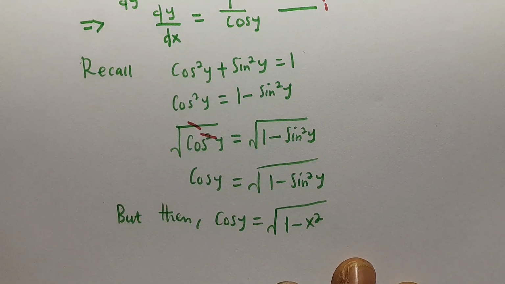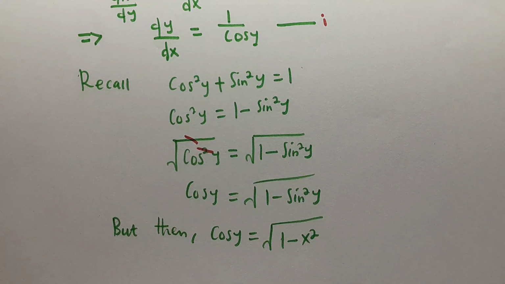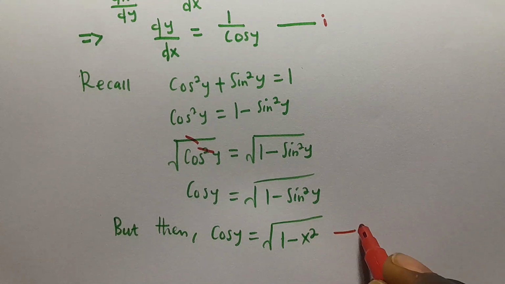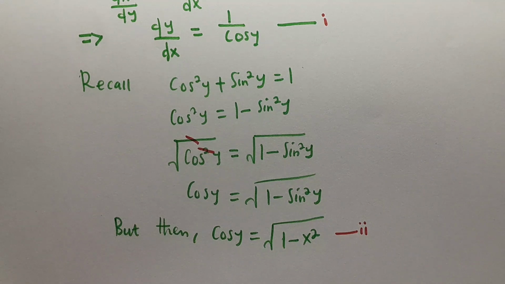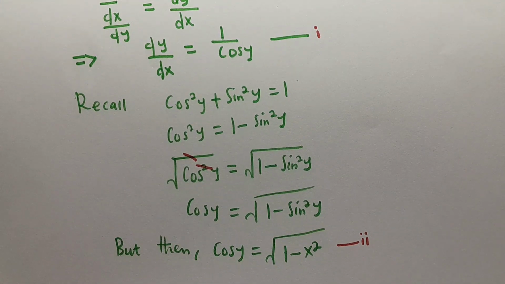So therefore we have cos y equals the square root of 1 minus x squared, by substituting the value of sine y to be equal to x.